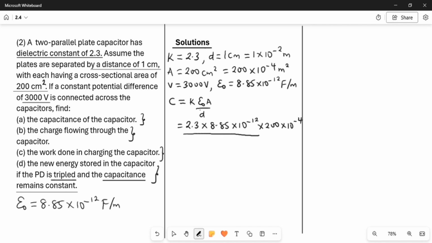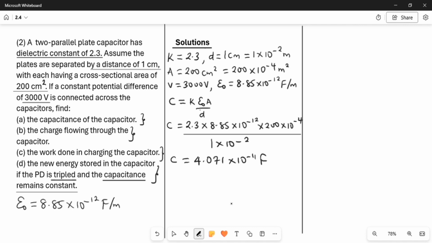The units have been excluded to avoid confusion. Divided by the distance, which is 1 times 10 to the power negative 2 meters, which leaves us with 4.071 times 10 to the power negative 11 farad.